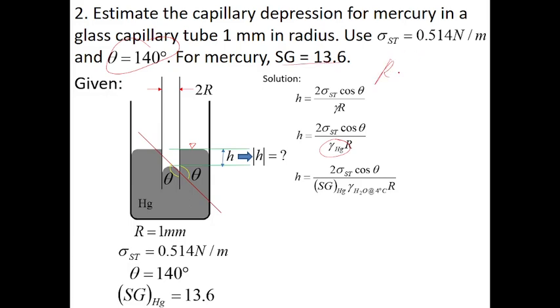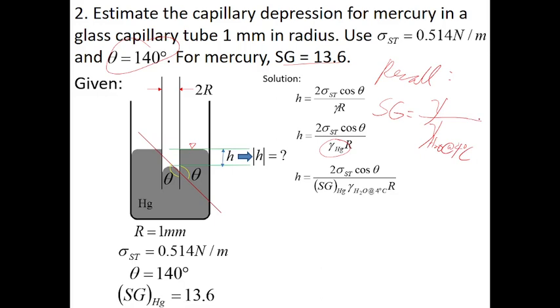We have to recall that the specific gravity of a substance is simply equal to the unit weight of the substance over the unit weight of water at a certain temperature. Since in the problem the temperature is not indicated, we'll use the standard temperature for the specific weight of water, which is at 4 degrees Celsius.